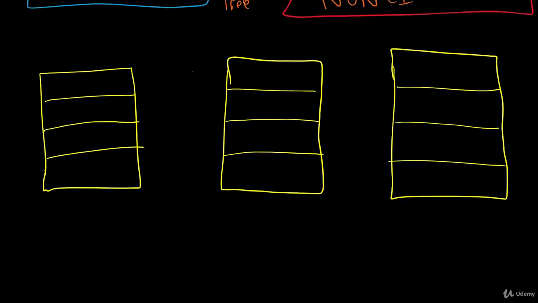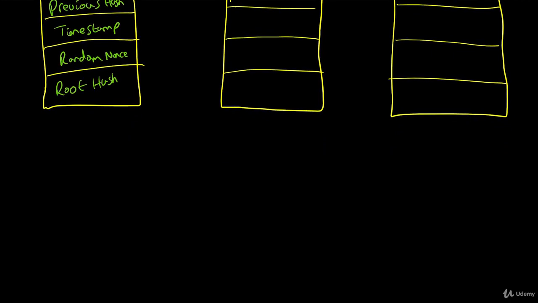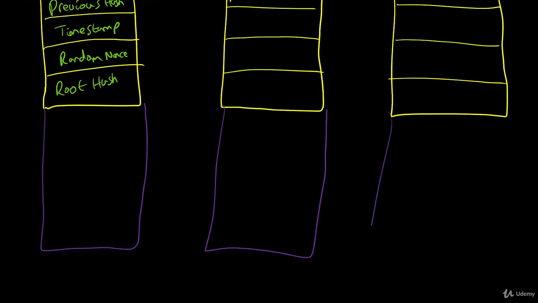Within these sections, the things we are concerned with are the previous hash, the timestamp, the random nonce, the root hash, and linked to this we have all of our transactions.